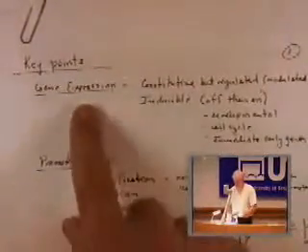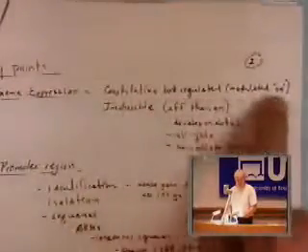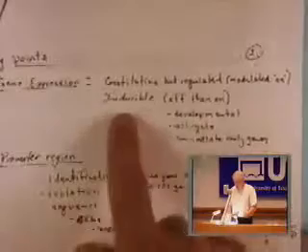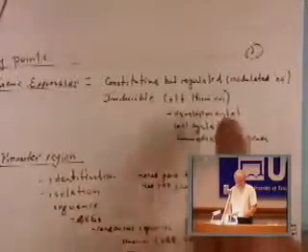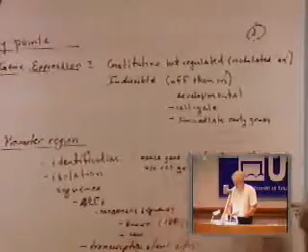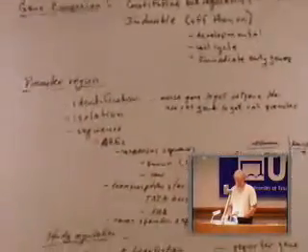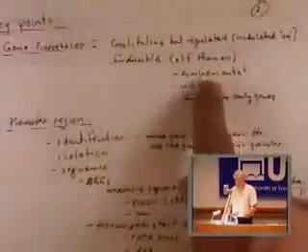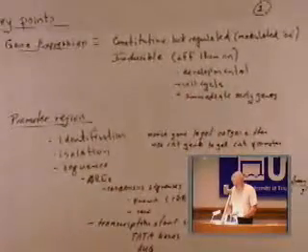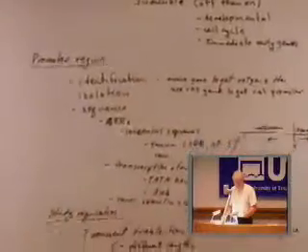So the key points were the gene expression, the constitutive but regulated, modulated when on, and the inducible, off then on, which are developmental, cell cycle, and immediate early genes, the ones that we focused on. I guess we hadn't mentioned the developmental and the cell cycle examples of inducible genes.